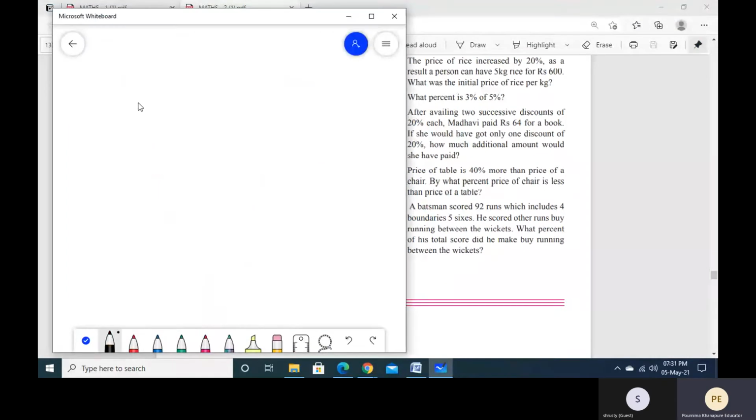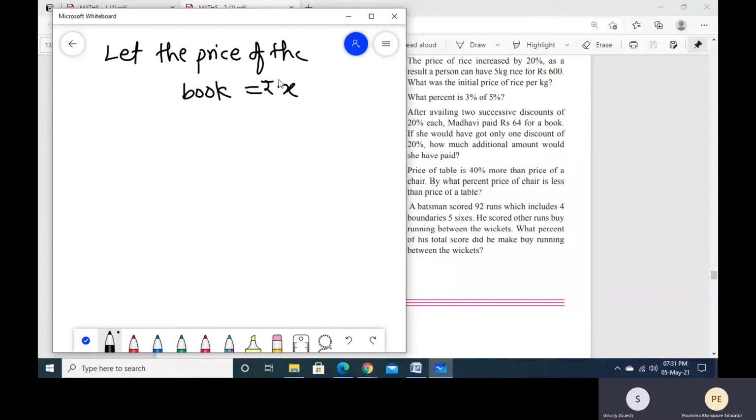What we have, let the price of the book be X rupees. Then first discount, 40%?